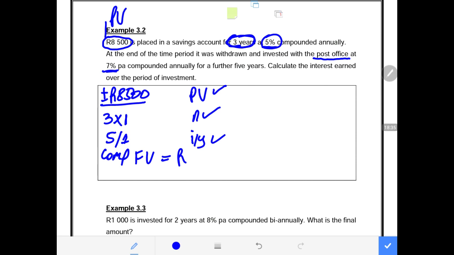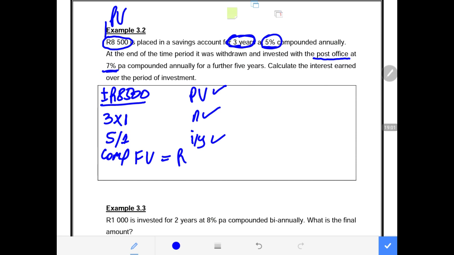Now we say plus minus 8,500, we press PV. In other words, we are saying plus minus 8.5 is the present value. Then we say 3 times 1, which is 3 years, times once a year compounding, meaning the annual compounding. We press N, then it will say 3 times 1, arrow N at the bottom, 3.